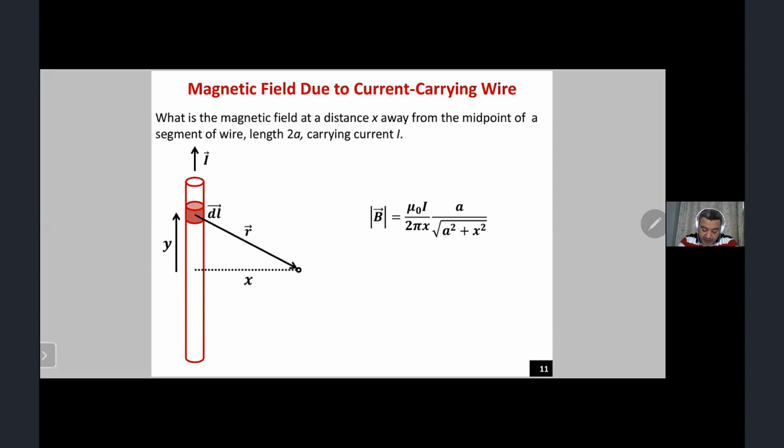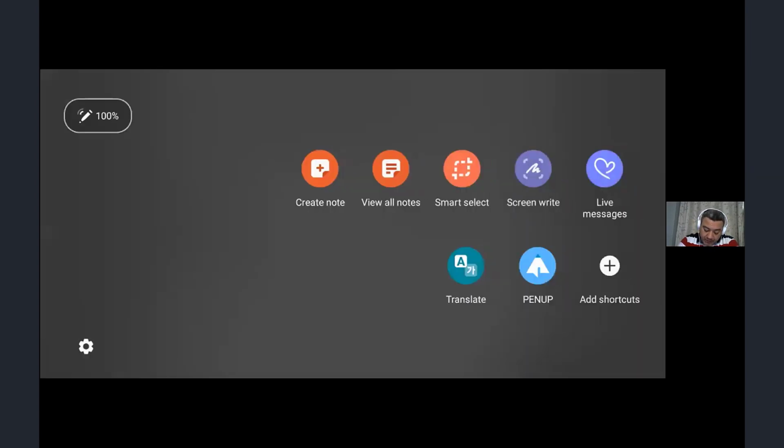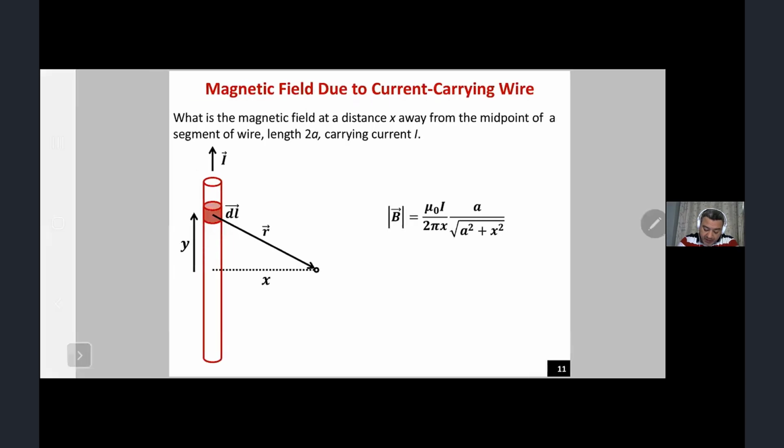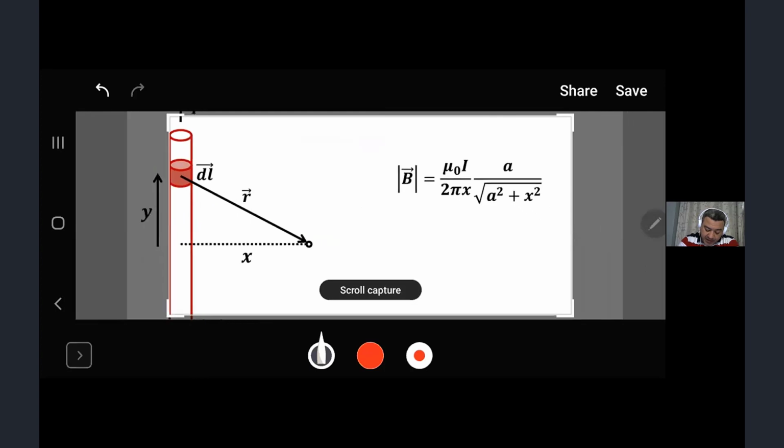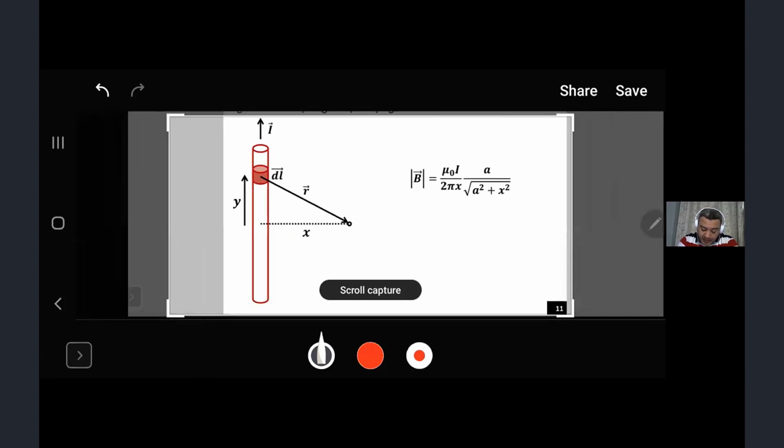If you recall, this was the magnitude of the magnetic field we derived for a finite wire, while the y variable was sweeping from minus a to positive a, which means that the length was 2a. So a here is half the length of the wire.